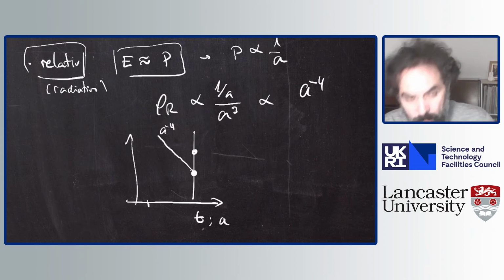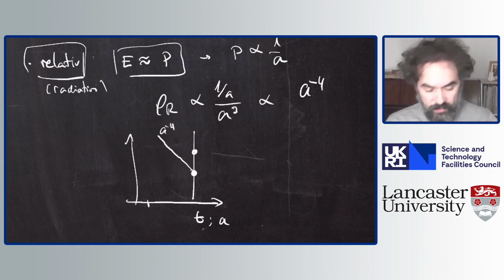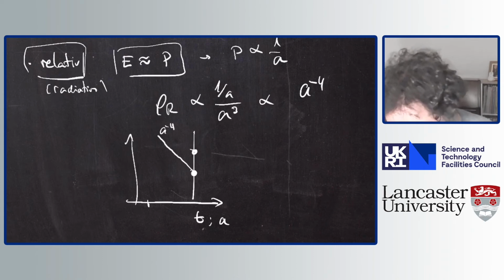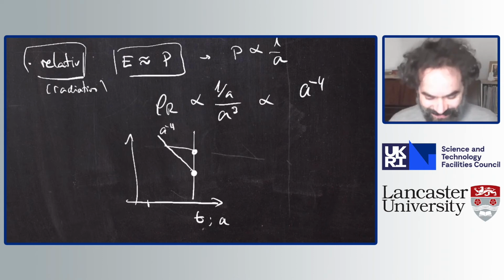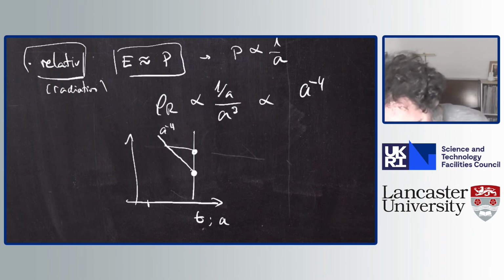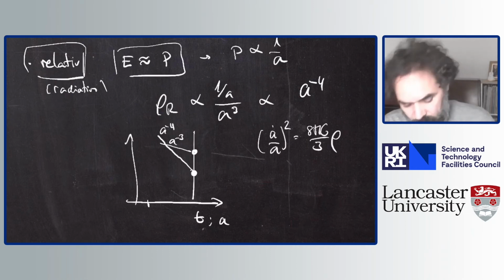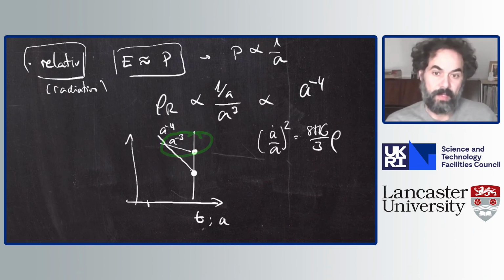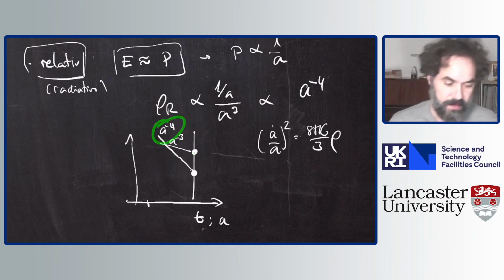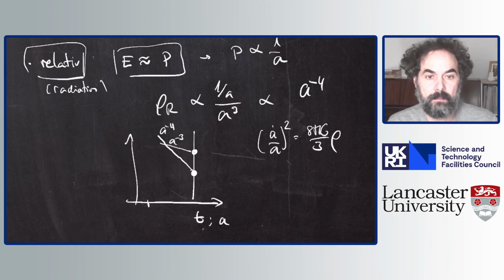If there is some non-relativistic matter, like dark matter, for instance, it goes like A to the minus 3. This is not, of course, properly drawn. I just want to exaggerate the effect. And it is already telling you that when you want to solve the Friedmann equation, remember the equation upstairs, at late times the typical thing that dominates are non-relativistic species, but at early times it is the relativistic species that dominate.